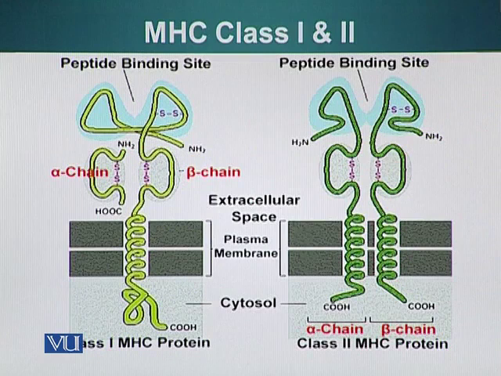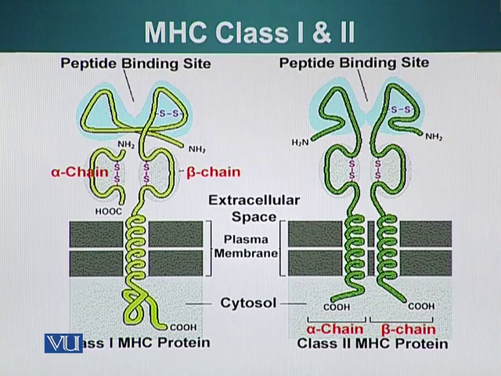The structure of MHC class 1 and 2 molecules is similar. They are heterodimers made up of two different polypeptide chains. Except for the alpha chain of class 1 protein, the other chains have an extracellular domain, an intracellular domain, and a transmembrane domain which is embedded in the plasma membrane.